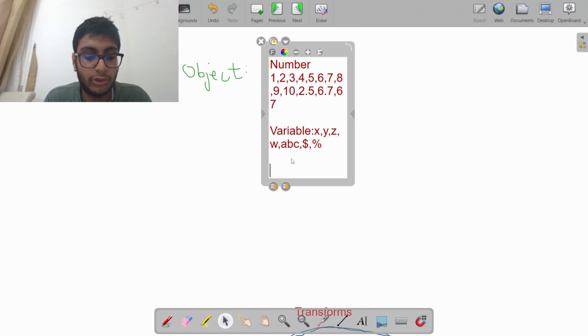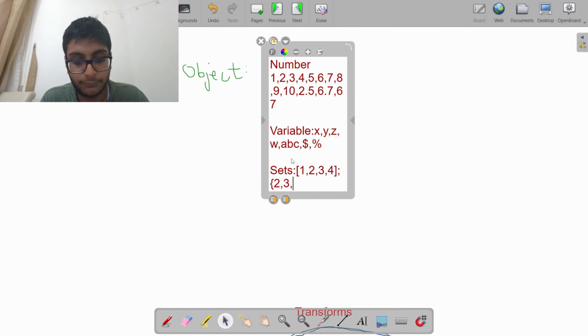Now, we also have sets. We have closed bracket sets 1, 2, 3, 4. We also have open bracket sets 2, comma 3, comma 4. And we also have these kinds of sets.